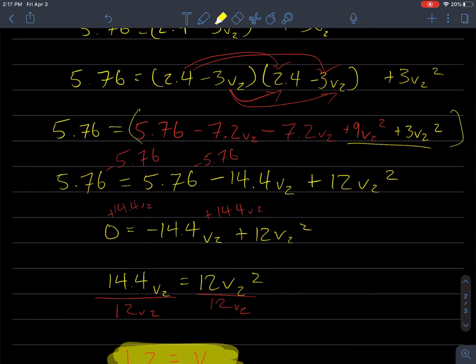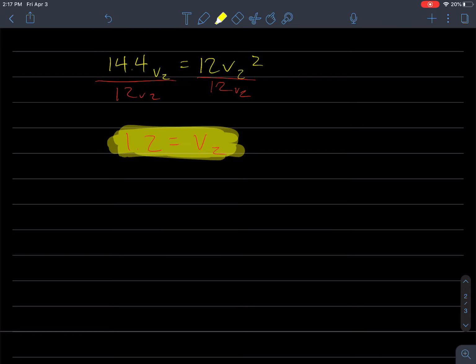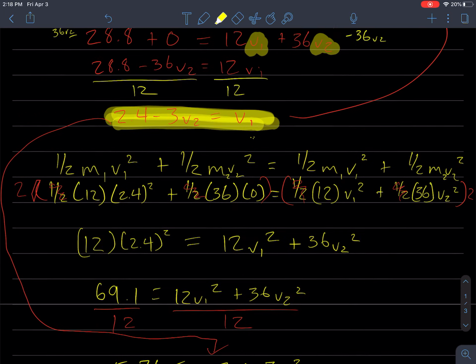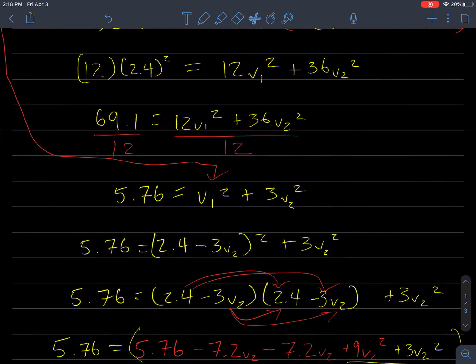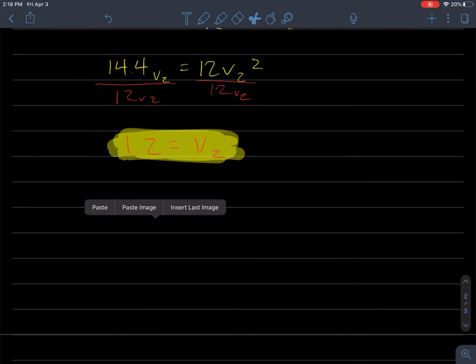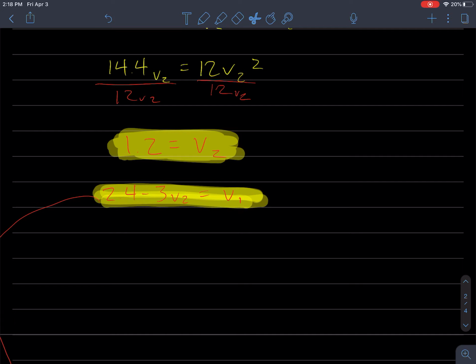All right, so we still need to figure out the velocity of our first object after the collision. Again, we can go back to this formula that we found here. I'm just going to be a little lazy here. Copy. Okay, so we can plug this formula into our equation for V2, right? So we can plug this in right here.